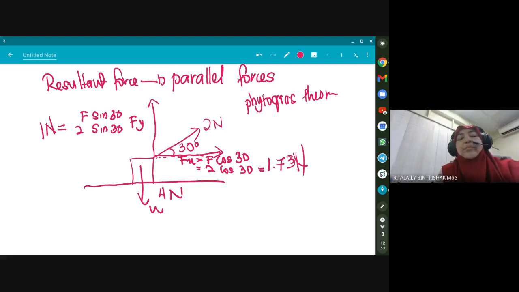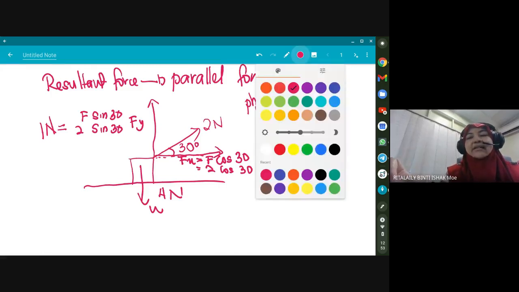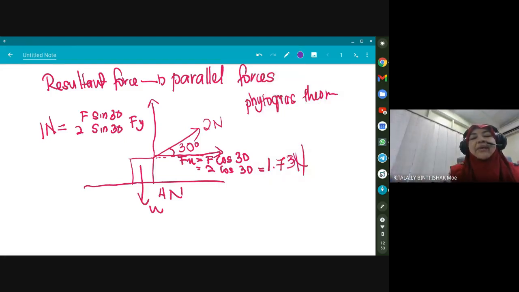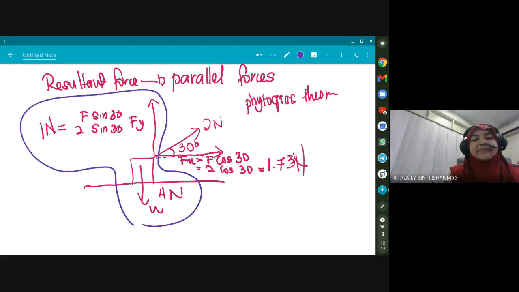Okay, so bila kita dah pecah, after we resolve the force into two components, kita boleh calculate resultant force. Tapi untuk calculate resultant force, we only take the parallel forces. Yang ini dengan ini, and then yang ini dengan any horizontal forces.